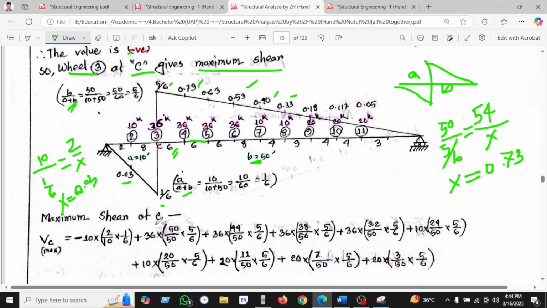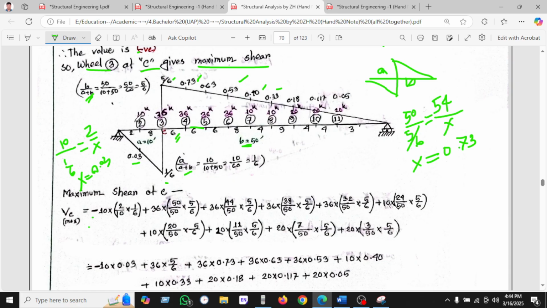So the maximum shear at C, as we found, and BC max will be, here 10 kip is the given load, and 2 by 10 into 1 by 6, and another one 36.